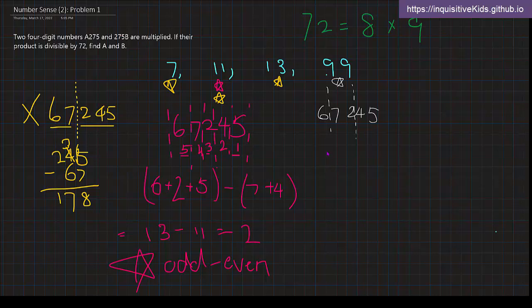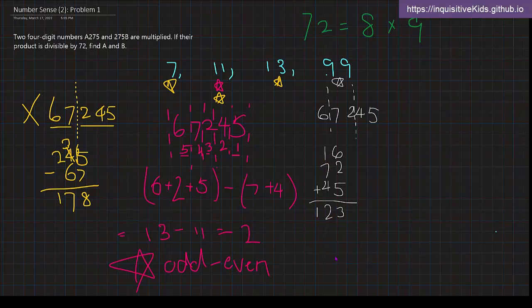Now, we're going to add 6, 72, and 45. So after we add, 6 plus 2 plus 5 equals 13. Carry that. And then we get 123.